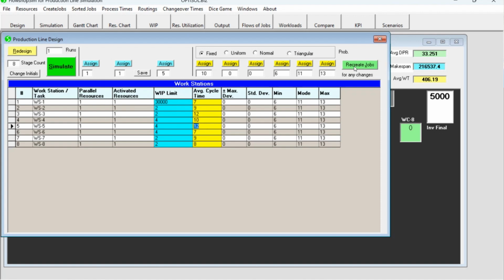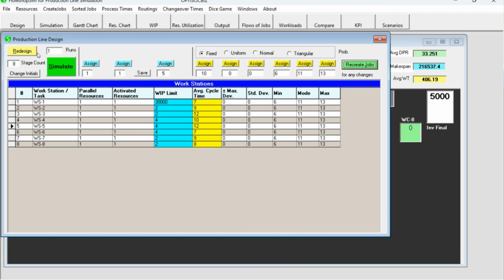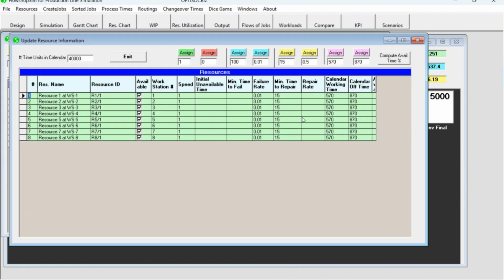Let me generate the data for the 5,000 pieces and assign the inventory limit as 5 at every workstation. And regarding resources, I will just remove the calendars also.